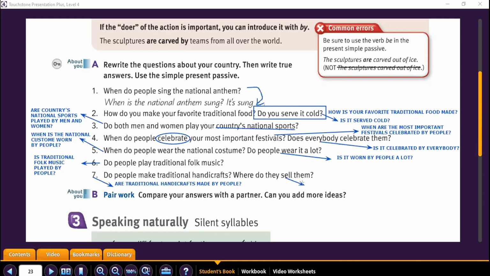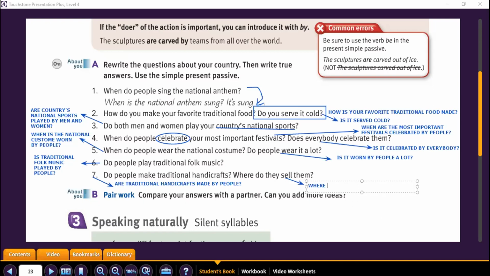Where do they sell them? Ahí se mantiene el word, teacher, primero. Sí, muy bien. Mantenemos el where. Ese them que tienen al final hace referencia a las manualidades, ¿no?